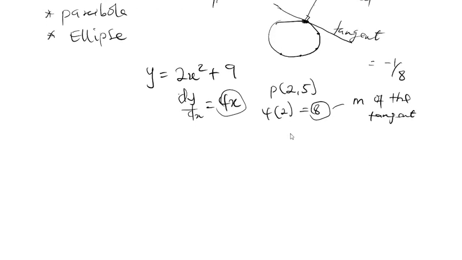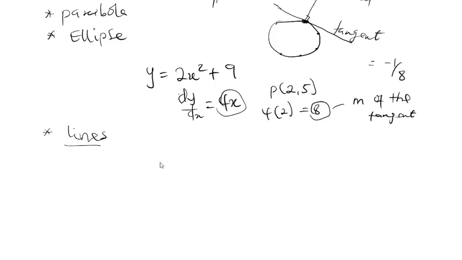So now with the gradient, since we are talking about lines, we are talking about the gradient. After getting the gradient, we can easily find the equation of that particular tangent. So the tangent is a line, right?